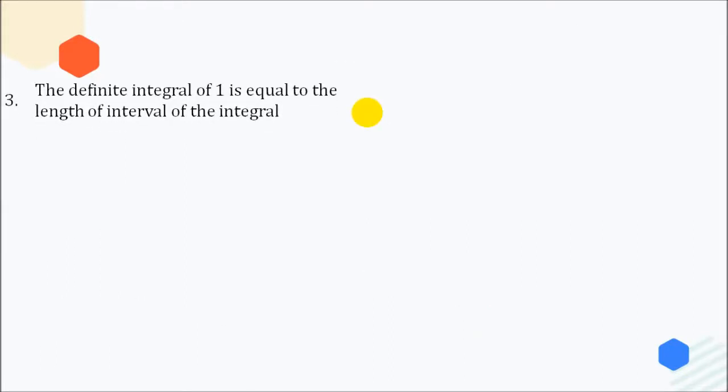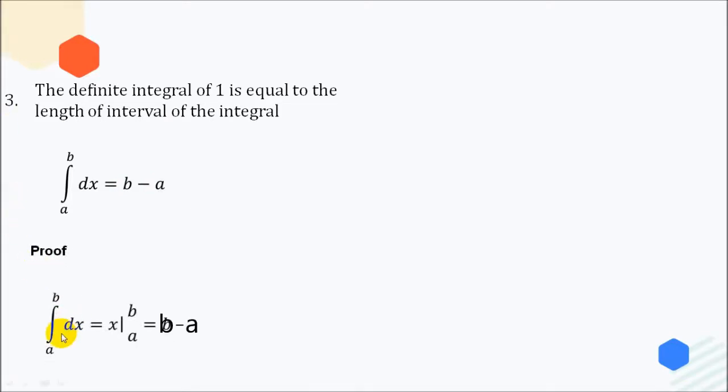The definite integral of 1 is equal to the length of the interval of integration. If we have the integral of dx from the interval a until b, this is equal to b minus a, right? Here's the proof. We have 1 as the integrand of this function, so the integral of 1 is equal to x, using the basic integration formula you have learned before.